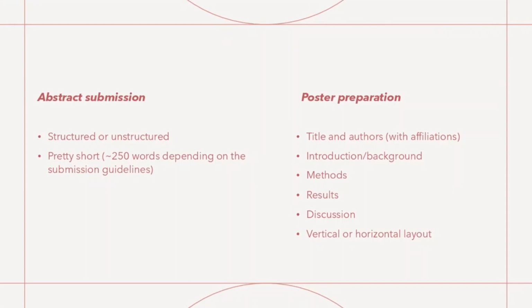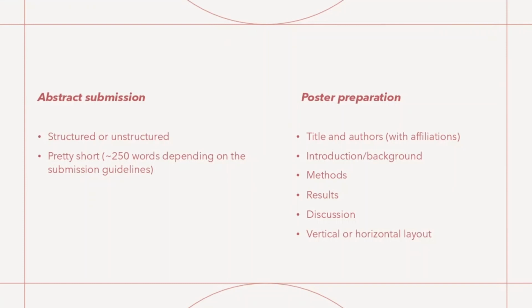When presenting a poster, it's really important to have specific sections, a specific structure. You should have a title and authors with affiliation, an introduction or background, a method section, a results section, a discussion section, and this, however, can vary according to the different guidelines.